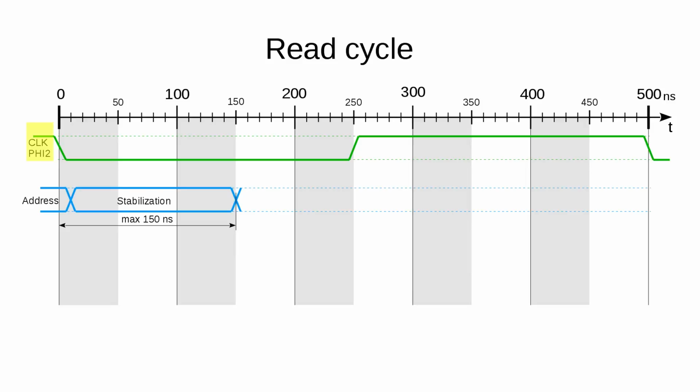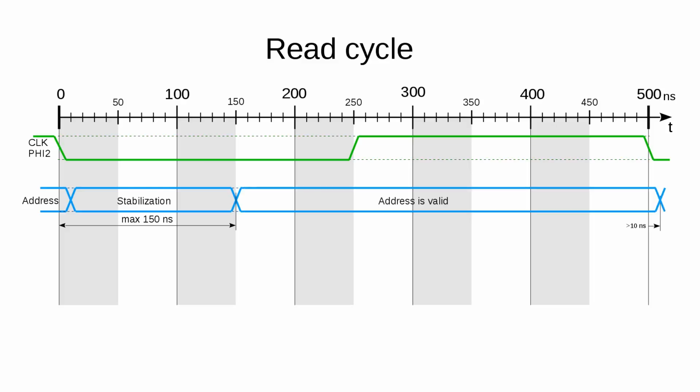It starts to generate the address, and it will take at maximum 150 nanoseconds for it to stabilize. Hence, we can expect that the value of the address cannot be trusted until 150 nanoseconds after the negative flank. In fact, the read-write signal also stabilizes during this time period. After this time, we can trust that the address is stable and can be used for memory addressing.